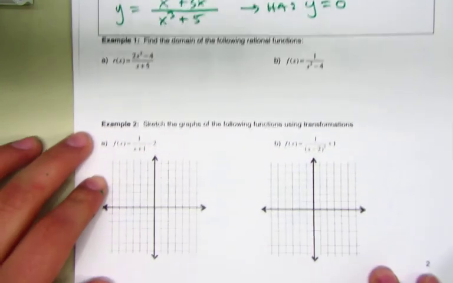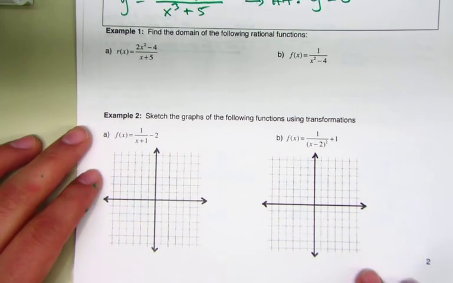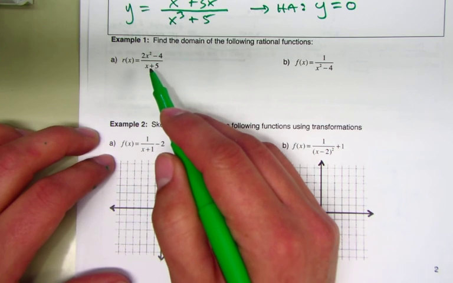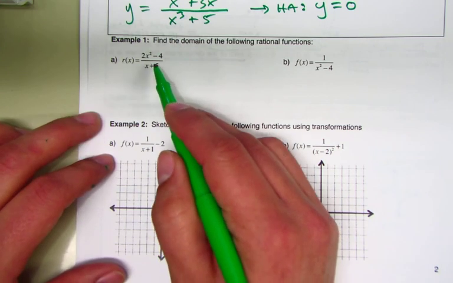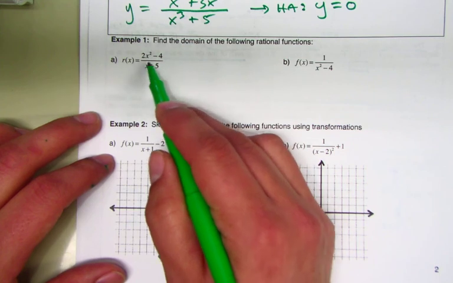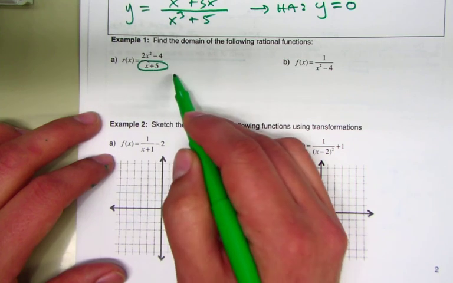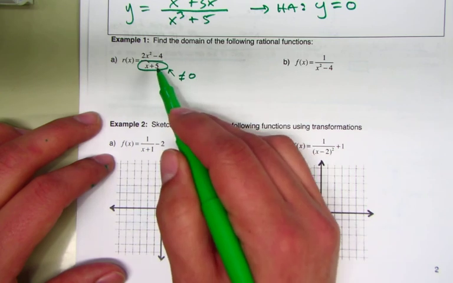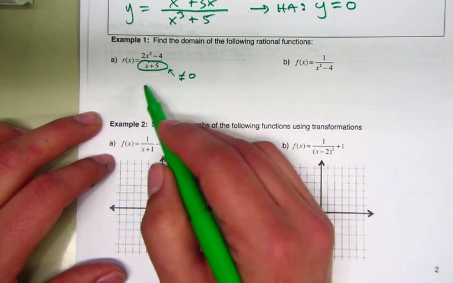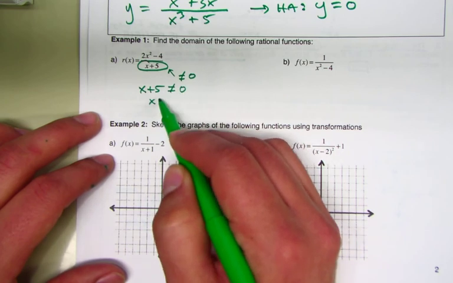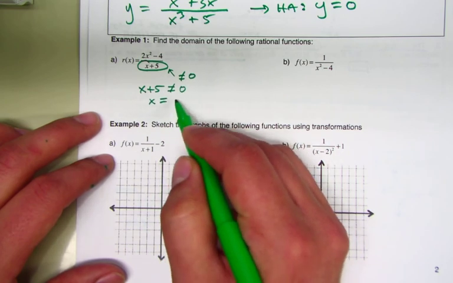Let's look at example 1. When I have a fraction, how do I find the domain? What can we not have in the denominator? 0, because you can never divide by 0, right? So if x plus 5 can never be 0, then what value of x can we never have?